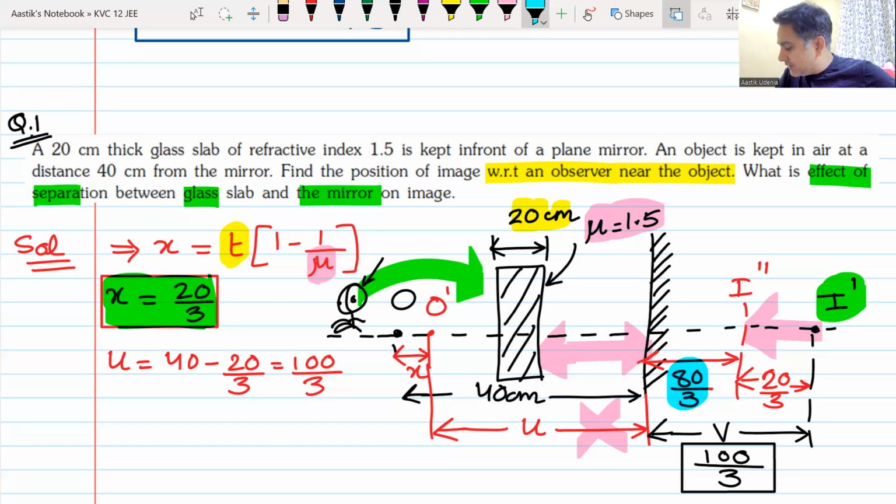This comes as, oops, why is it not coming? Let me try it again. The only difference between this question and the previous question is the type of mirror that I have changed.